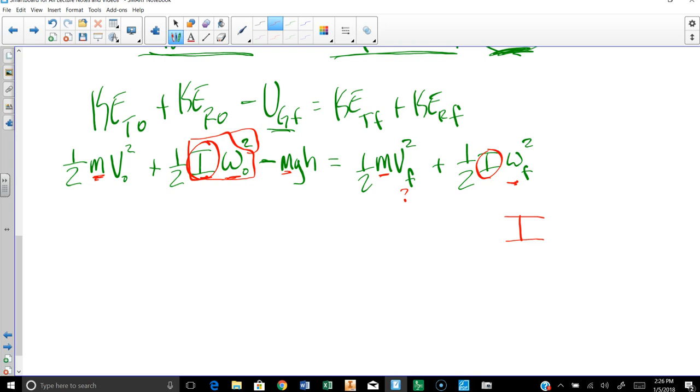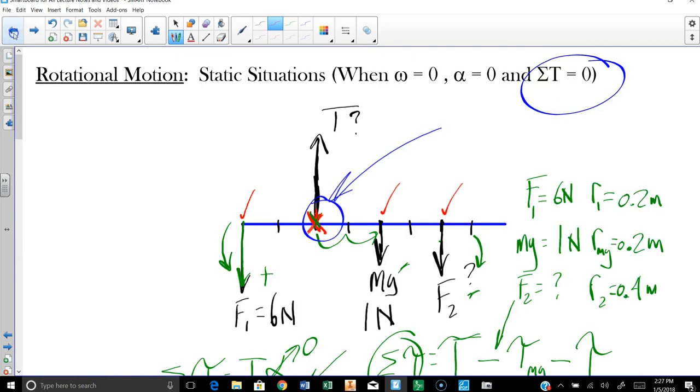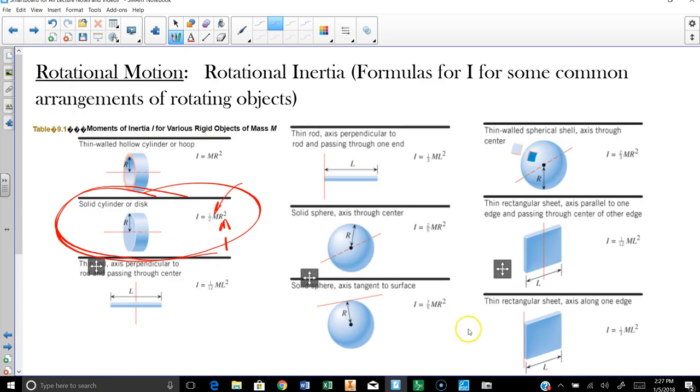Bowling ball, basically, except the little holes for your finger, we can ignore those, they're small enough. Bowling ball is a solid sphere, and it will be rotating around its center. So, right here, solid sphere, rotating through its center, 2/5 mr squared. That's our guy.